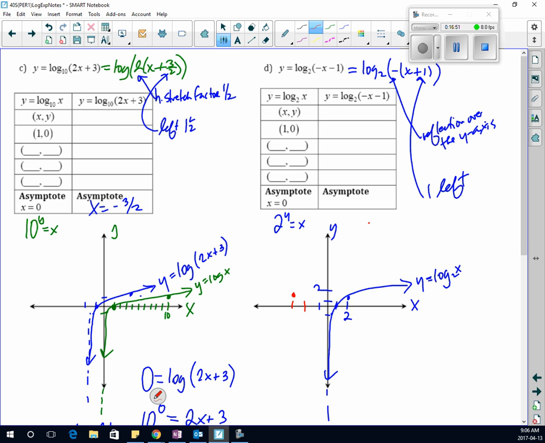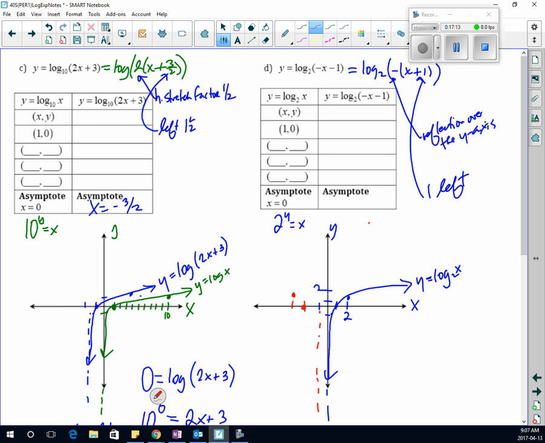Okay, so then this x-intercept of 1, 0 becomes -1, 0, then left 1, yes? Where's my new asymptote going to be? Is it going to be the same? No. It's going to be at -1, so I'm just going to put that in there just so I know.